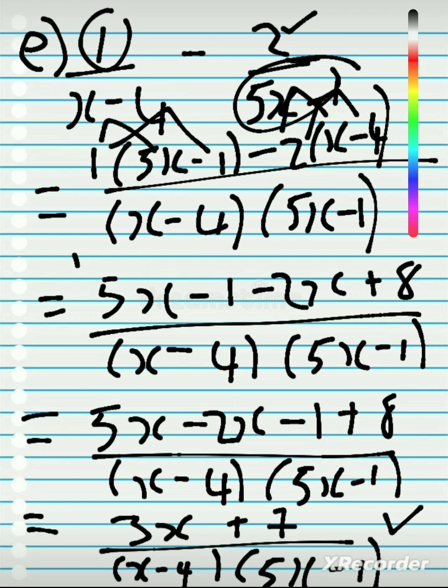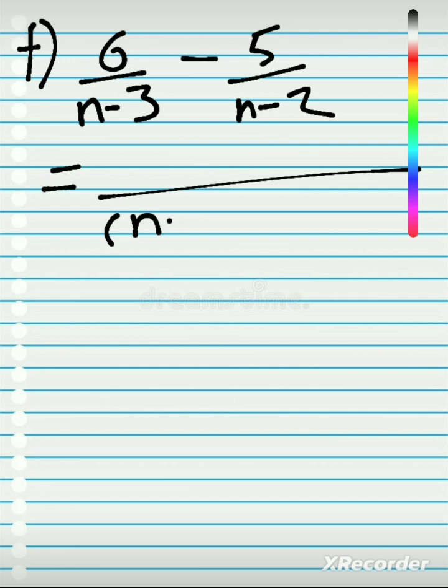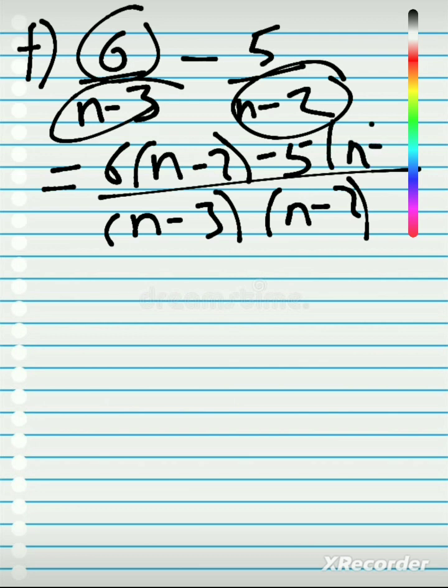We go to F. F looks like it's the simplest of them all. This time we have 6 over n minus 3 minus 5 over n minus 2. So the common denominator, n minus 3, n minus 2. Okay, then this times this, so it's 6 times n minus 2 minus 5 times this n minus 3.